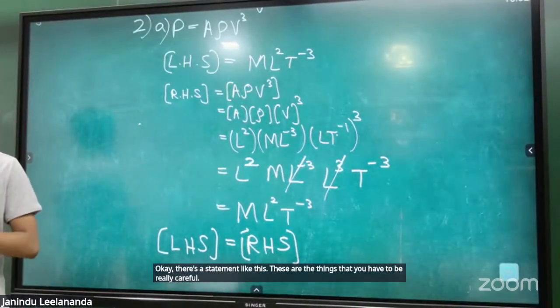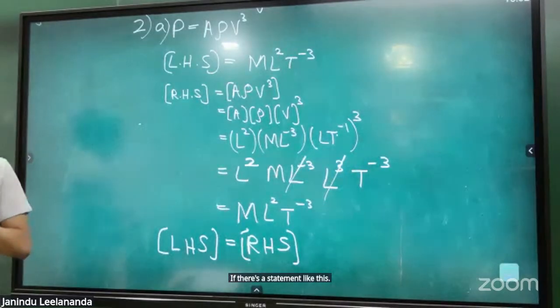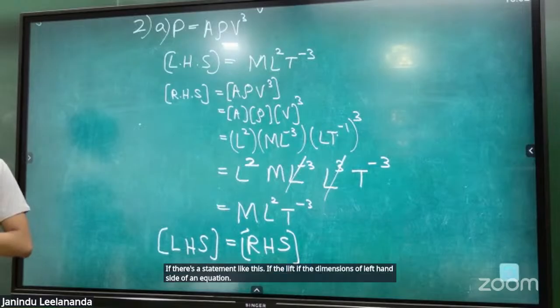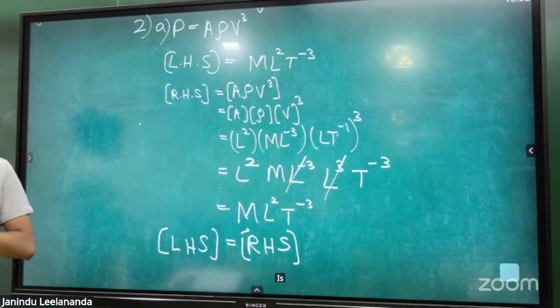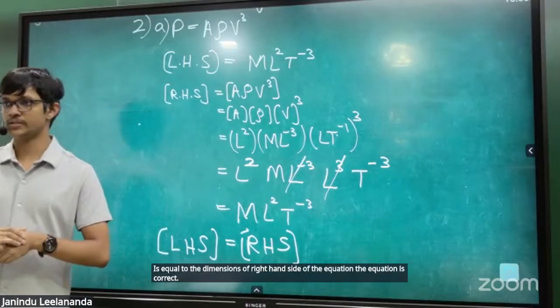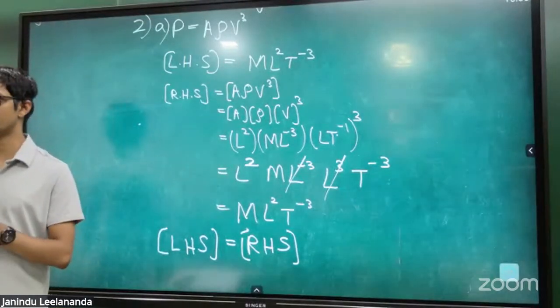If there's a statement like this: if the dimensions of the left hand side of an equation are equal to the dimensions of the right hand side, the equation is correct. Is this statement correct or not?